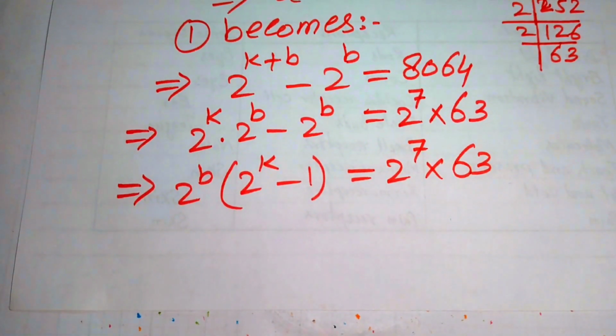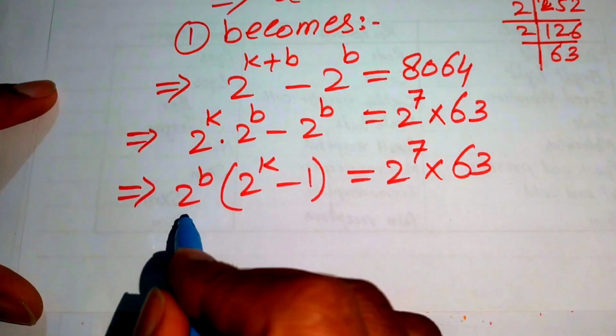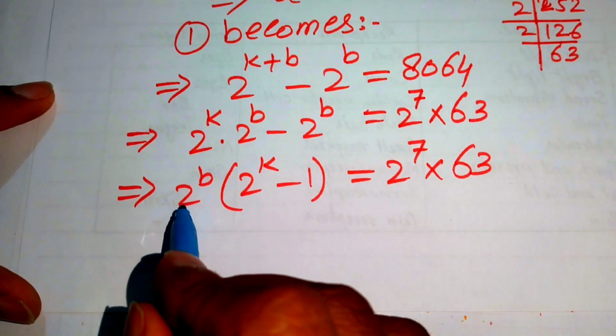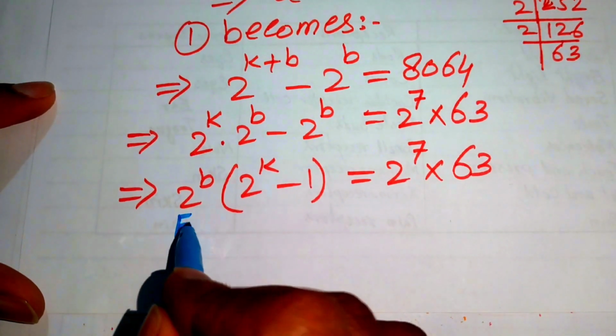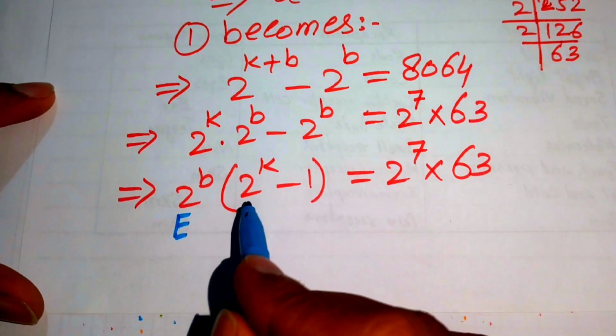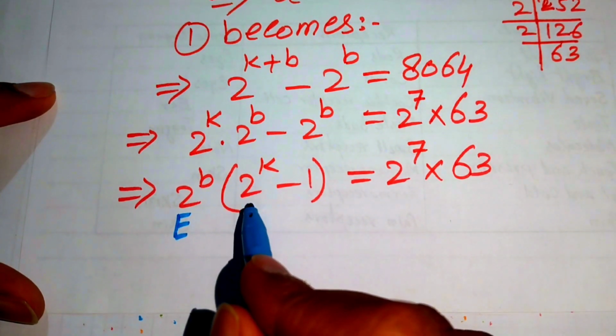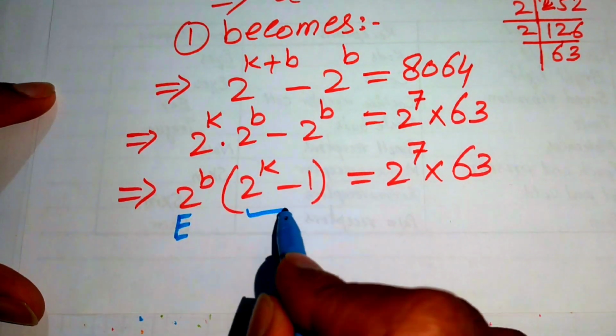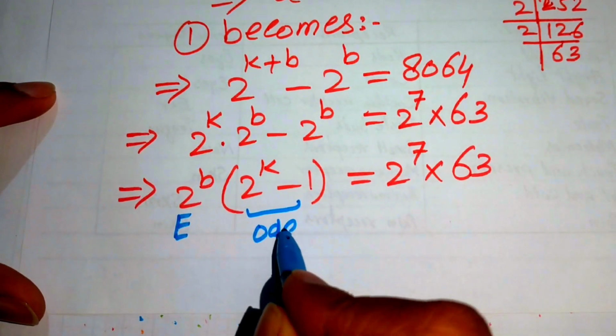So here you focus on the left hand side and you see that we have 2 to the power of b. Any power of 2 becomes an even number, so this will become an even number. So here you have 2 to the power of b is an even number, but when we subtract 1 from an even number, this expression will become an odd number.